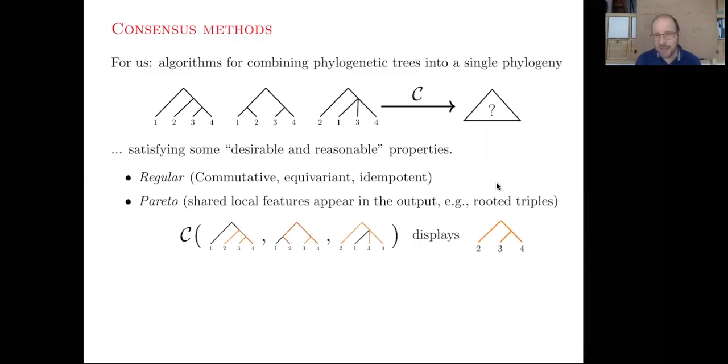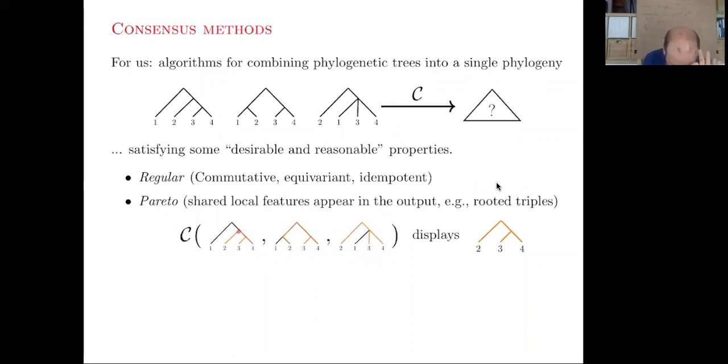Then there's a second type of desirable and reasonable properties. They go under the name of Pareto properties, and I summarize them as: shared local features appear in the output. What does it mean? Look at 2, 3, 4. I am observing that 2, 3, and 4 basically have the same behavior in all the input trees, right?